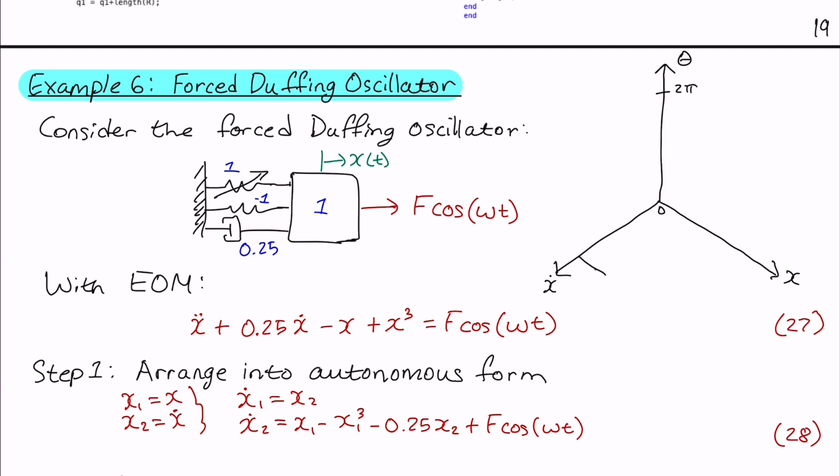We have some plane where this flow lives. We have another plane up here at 2 pi, like so.